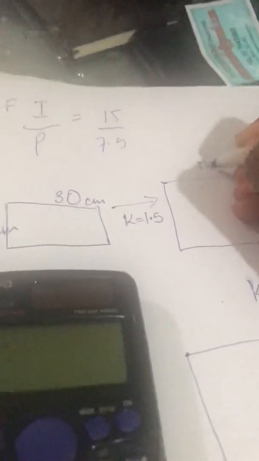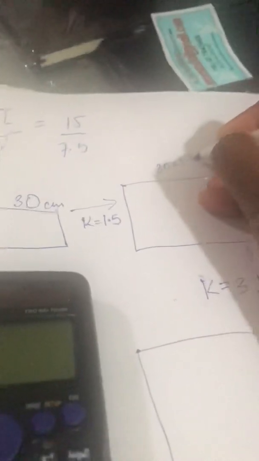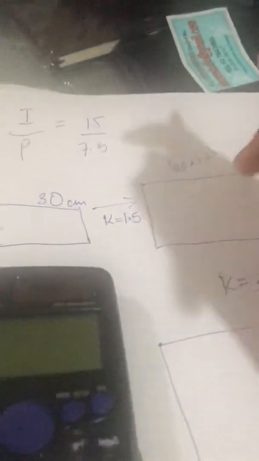What are the dimensions of the largest print? Are both enlarged prints similar to the original? So I am multiplying 30 by 1.5. So here I will write 30 times 1.5. This is my work.